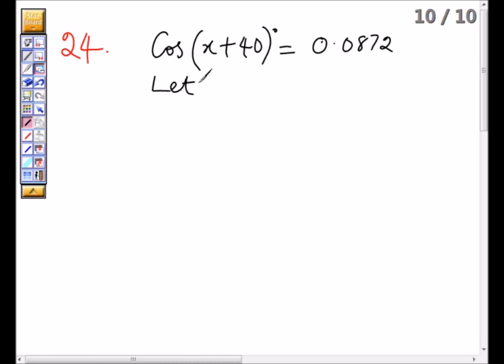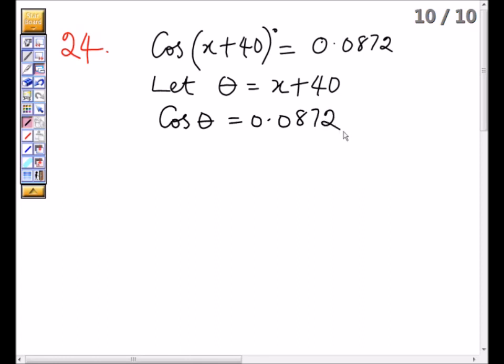So we say let the variable theta be equal to x plus 40, so that cos theta will now be equal to 0.0872.